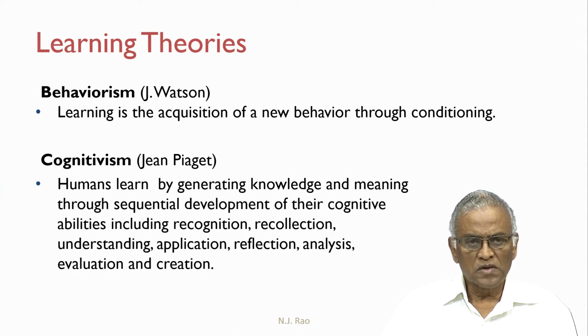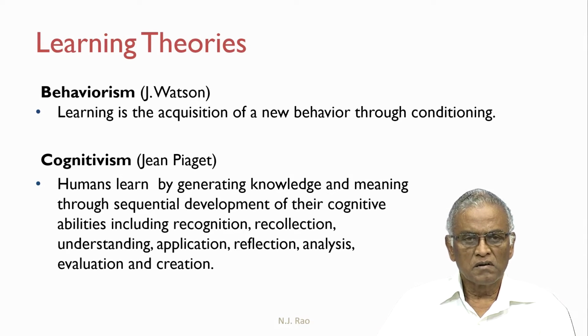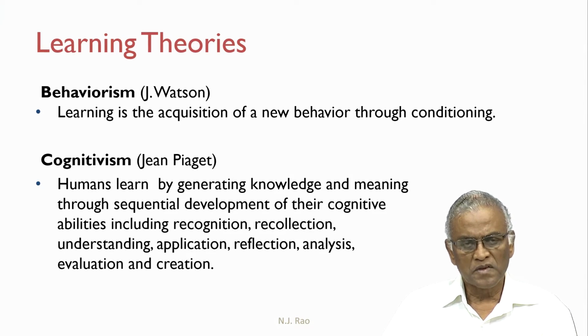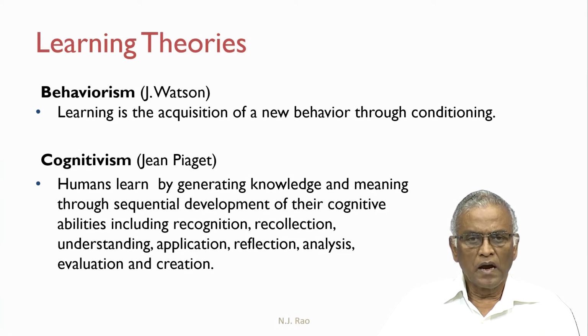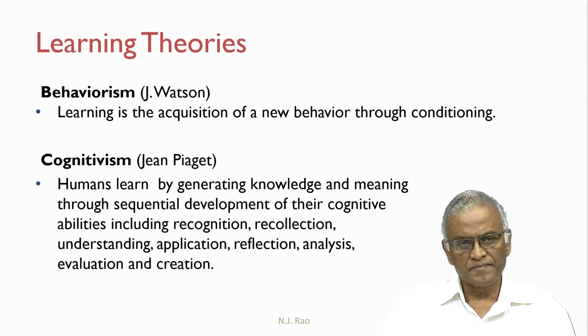The oldest one that we know of is behaviorism. It is based on saying that we do not know what exactly is happening inside the brain. That is because this particular viewpoint came into being during the early part of the 20th century, and here the school of behaviorism stated that learning is the acquisition of new behavior through conditioning.